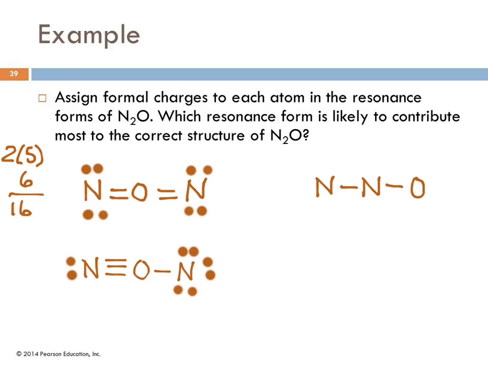Again, 16 electrons, 2, 4, 6, 8, 10, 12, 14, 16. There's no surprise, we're going to need some double bonds. So let's take these guys out and make a double bond over here. That's not quite good enough.